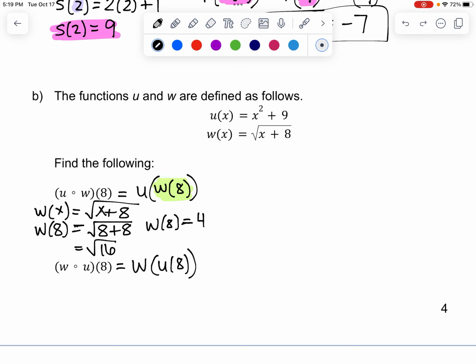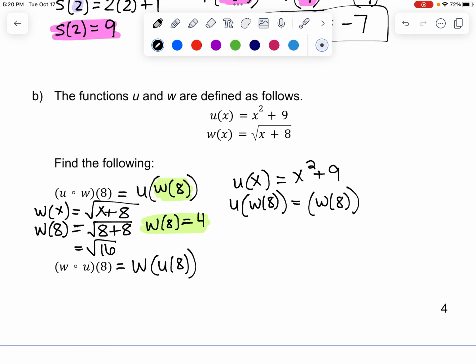So u of x now, because now I'm going to the outer function. We tackled the inner function, which was the w. So w of 8 is equal to 4. We figured that out. Now we want to tackle the u function. The u function is x squared plus 9, and what we're doing is substituting in w of 8 for x.